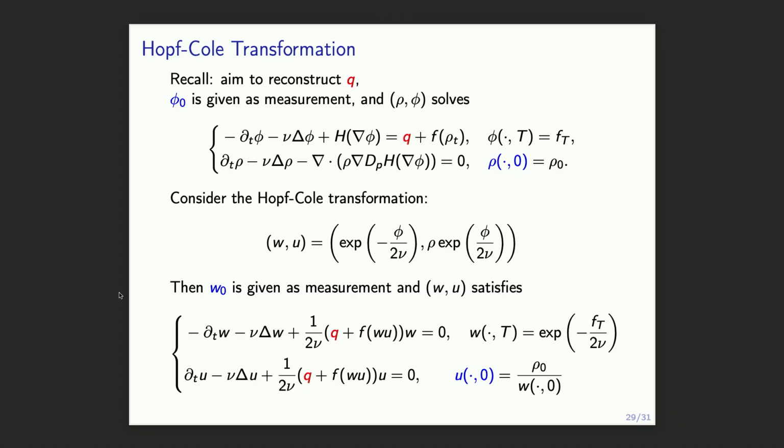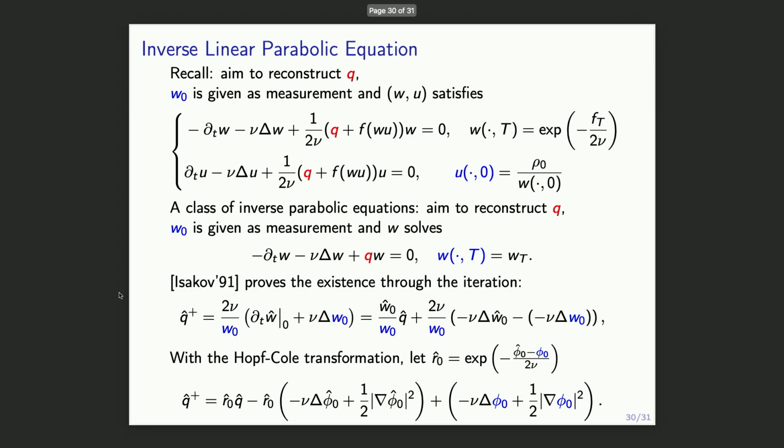For the mean field game system, you can also take a Hopf-Cole transformation and make it a system of heat equations. So after the transformation, you have this measurement of U0, this moves forward in time, then moves backward in time, you have the W0. So naively, if there is no interaction and the terminal cost is also independent of the density, then this is just the inverse linear parabolic equation.